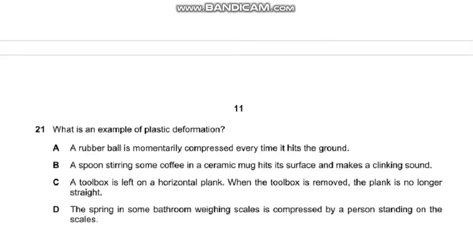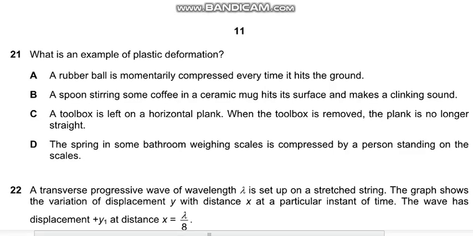Question number 21 says, what is an example of plastic deformation? A rubber ball is momentarily compressed every time it hits the ground. No. A spoon stirring some coffee in a ceramic mug hits its surface and makes a clinking sound. No. A toolbox is left on a horizontal plank. When the toolbox is removed, the plank is no longer straight.